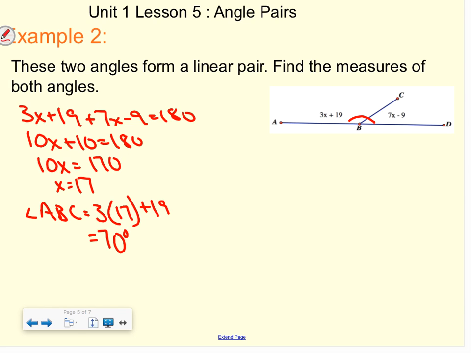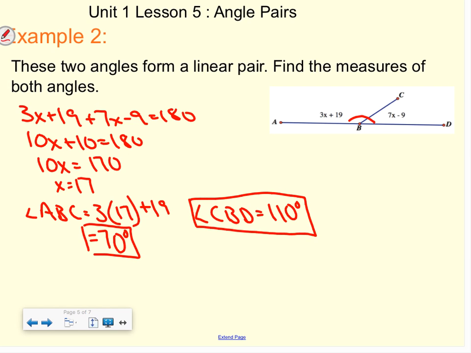So this one is 70 degrees. And now we need the other one. We're just going to use our common sense and say, all right, angle CBD is 180 minus 70, or 110. Again, clearly not drawn to scale.